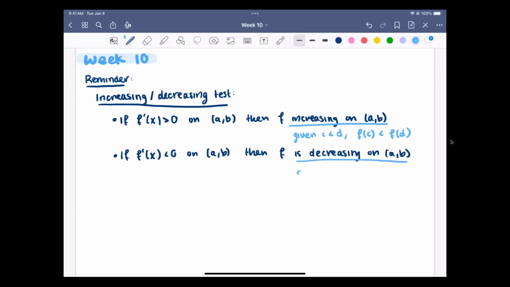If we're given some c and some d, where d is bigger than c, then the value of the function is going to decrease. So f of c is larger than f of d. Okay, does this make sense? Other questions about this?